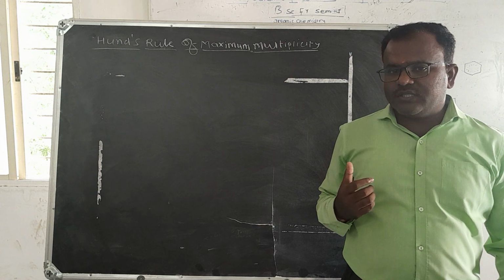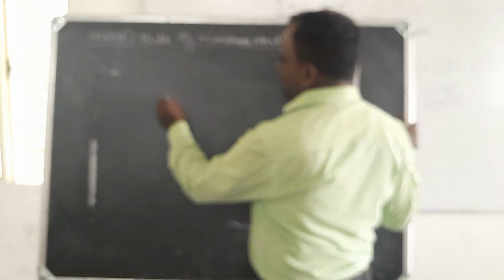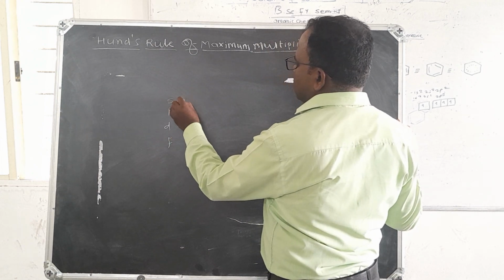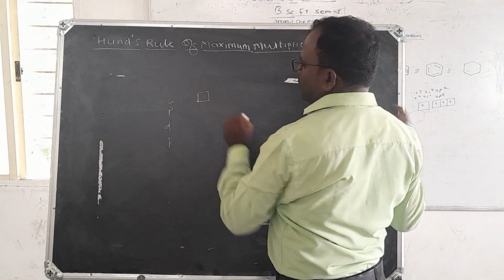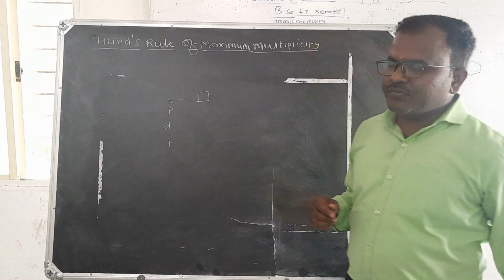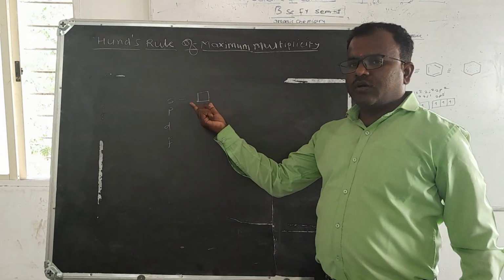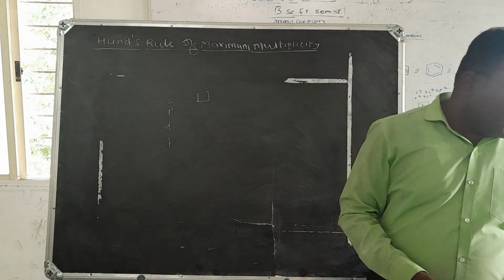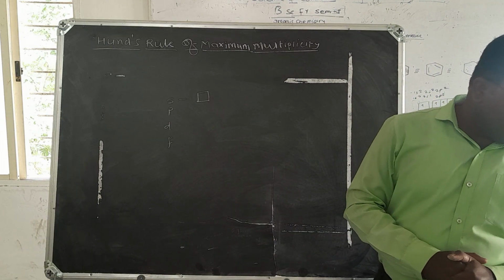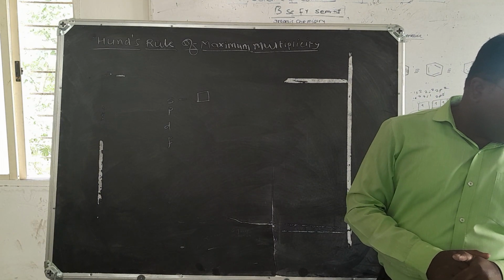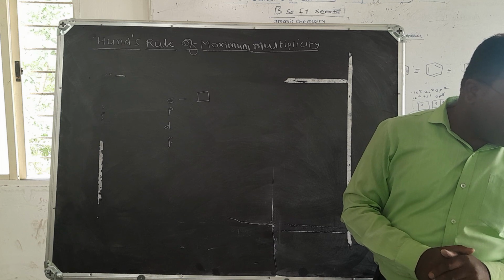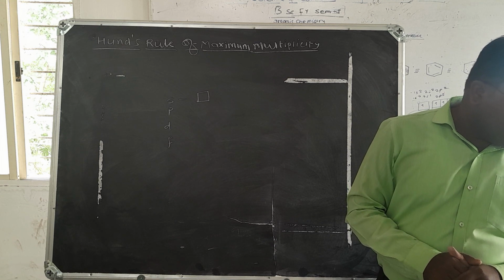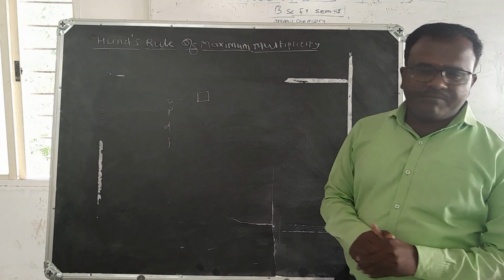In each subshell, that is s, p, d, f: in the s subshell only one orbital is present, and in the p subshell 3 orbitals are present. The rule states that electrons are filled in orbitals belonging to the same subshell and of equal energy, that is, the degenerate orbitals.